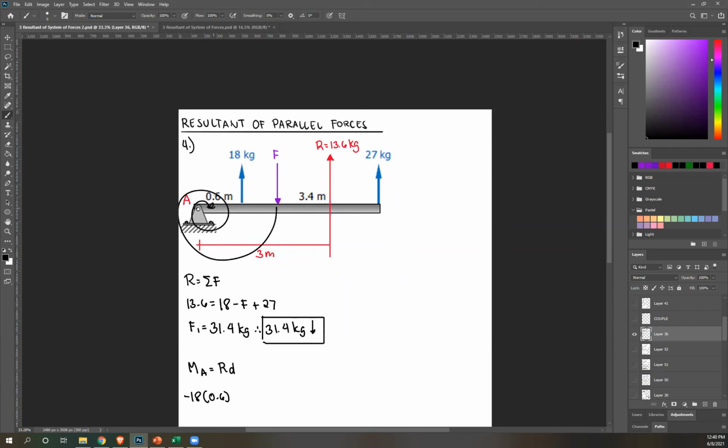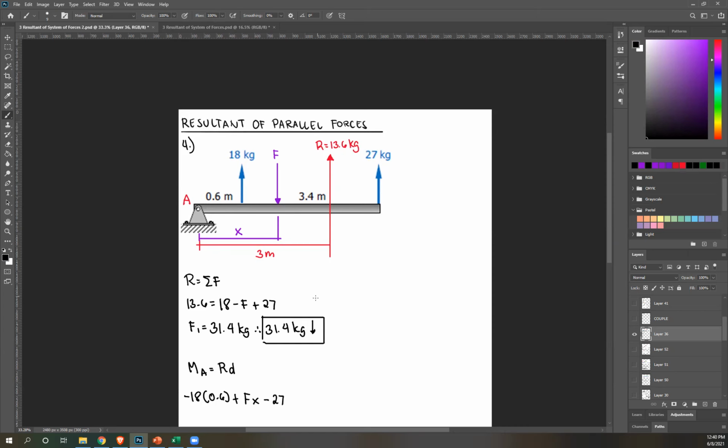Next F, rotate about A, that's clockwise, therefore positive F, and we're looking for this distance. So F times distance D. Let's call that X. So this is distance X. Next, 27, rotate about A, counterclockwise, so negative 27, distance is 3.4 plus 0.6, that's 4 meters.